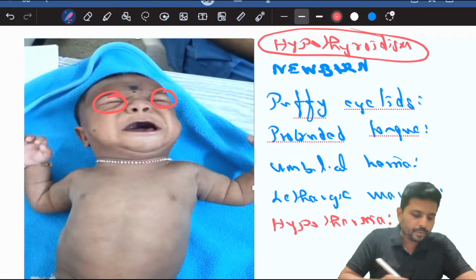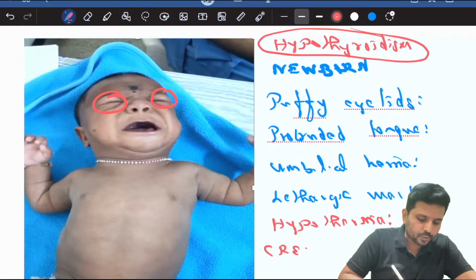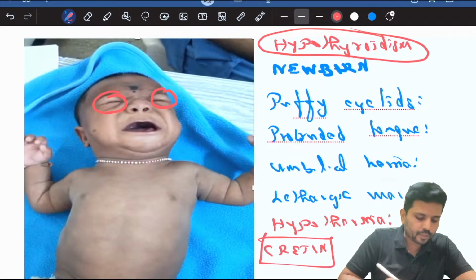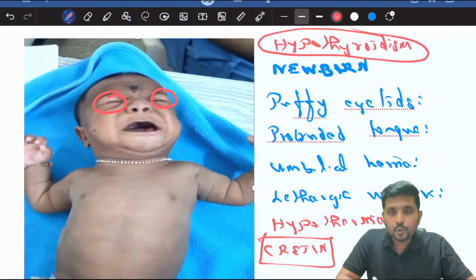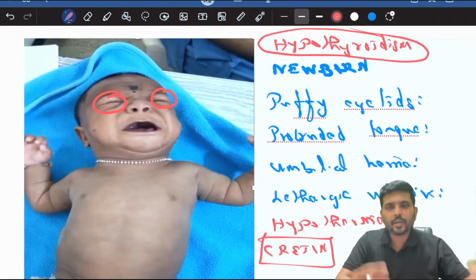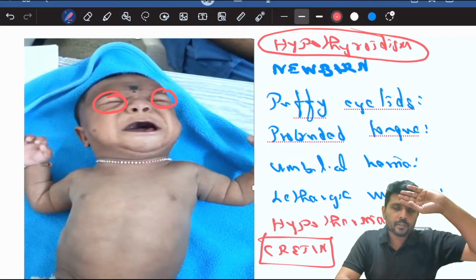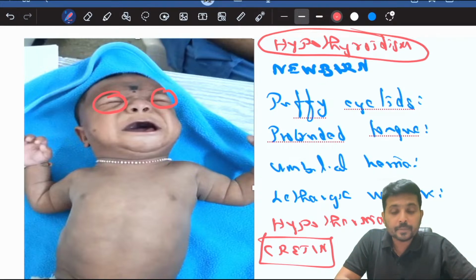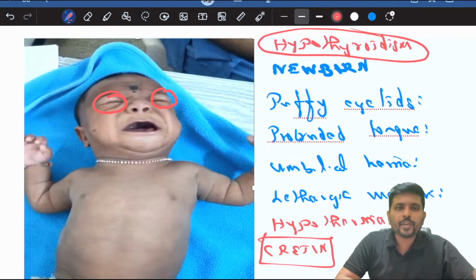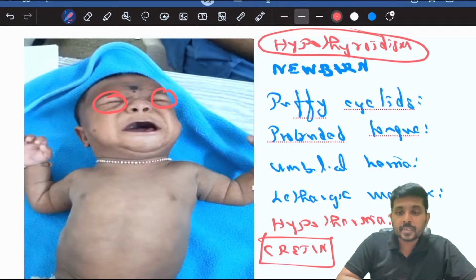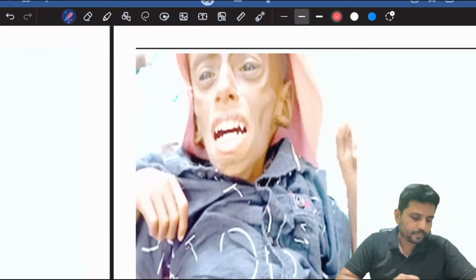So this is nothing but a cretin, otherwise known as congenital hypothyroidism. Remember, for a pediatrician, any newborn with protruded tongue and puffy eyelids along with subnormal temperature is neonatal hypothyroidism unless otherwise proved, not sepsis. So this case is congenital hypothyroidism.